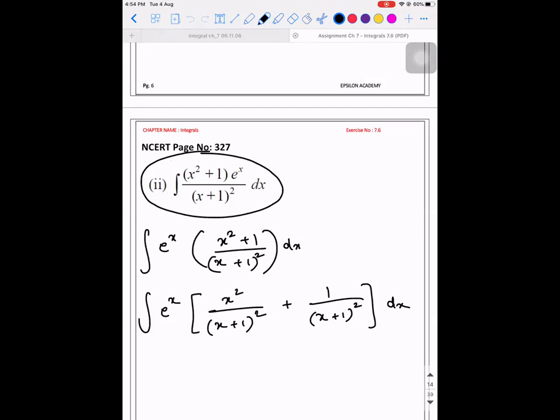So which one is f of x and which one is f dash of x? Sir, is 1 by x plus 1 the whole square f of x? If you take that as f of x, then what will you get? You will get minus 1 by x plus 1 the whole cube into 2x.